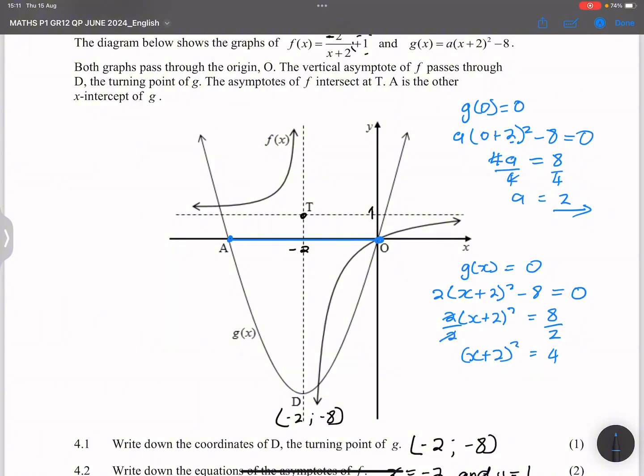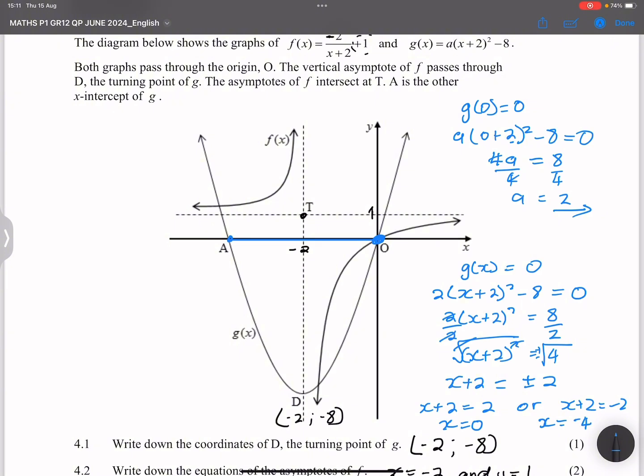But remember, ladies and gents, we can take the square root on either side, but remember this becomes plus or minus. So that means x plus 2, right? Remember the square root will cancel the square, will be equal to plus or minus 2. So notice we'll have x plus 2 is equal to positive 2, or x plus 2 is equal to negative 2. So we end up here with x is equal to 0, and it makes sense. It's that point 0 and 0. And the other one is at x is equal to negative 4.